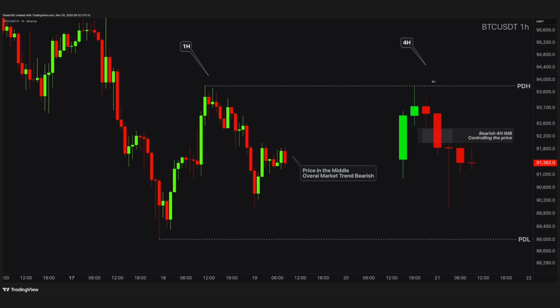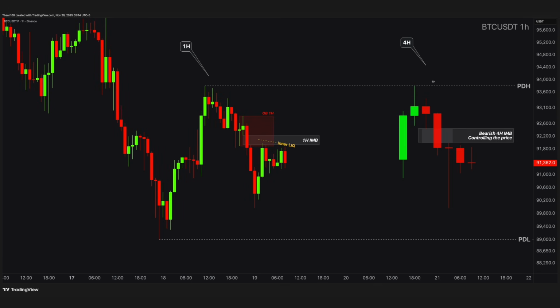So, Bitcoin has been in a pretty strong bearish move over the past few days and weeks, and this 4-hour imbalance is showing me that the bears are still in control and pushing the price downwards. When you switch to the 1-hour chart on the left, you can see the 1-hour imbalance lining up with a 1-hour order block supply zone.